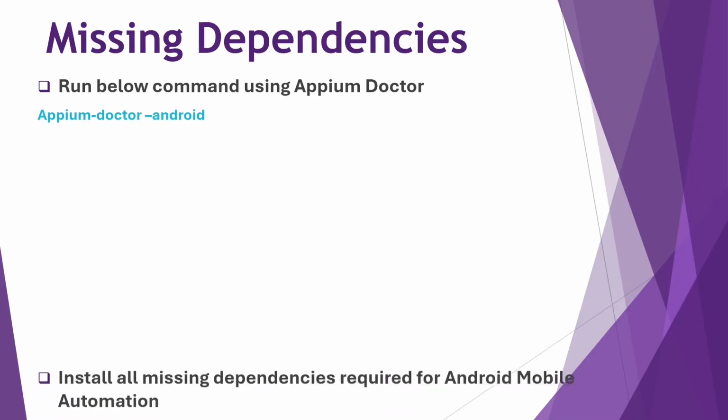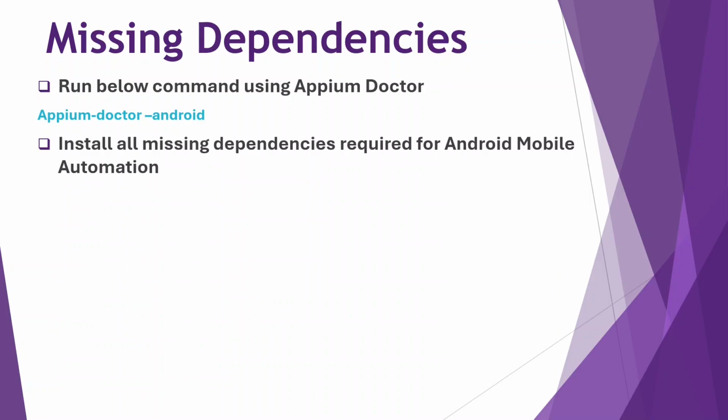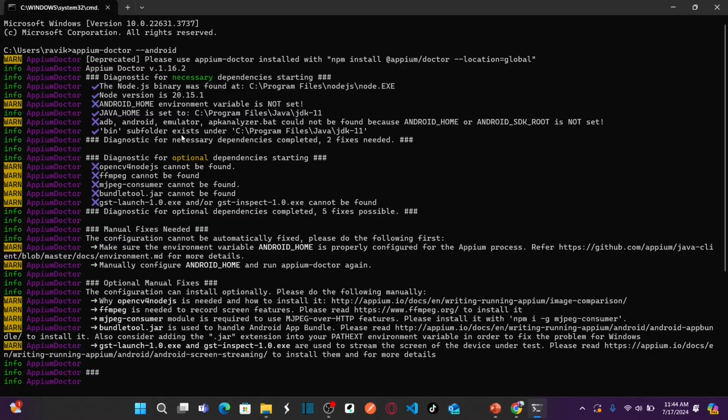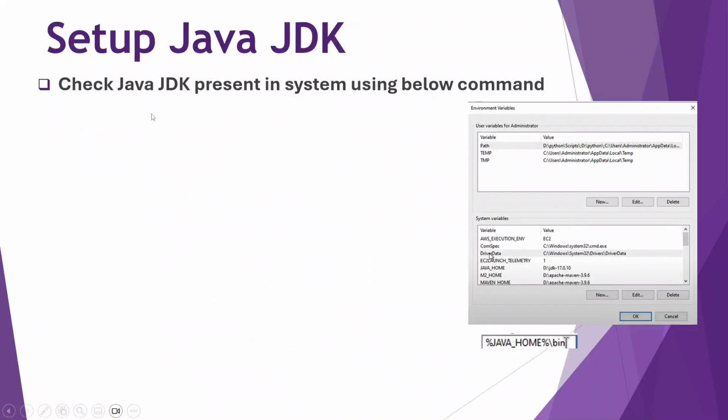So now we know what are all the necessary missing dependencies that are required to start with Android mobile automation. Our first missing dependency is Java Home. First, we need to check if Java JDK is present in your system or not. How can you check that?